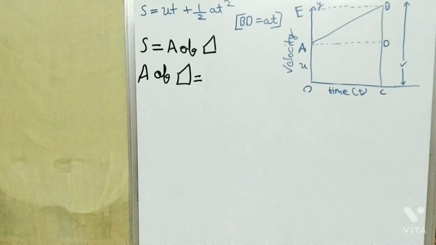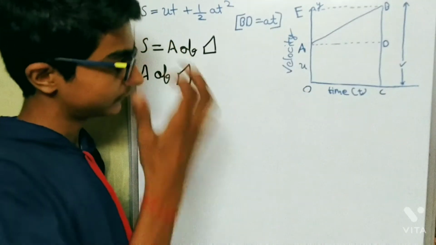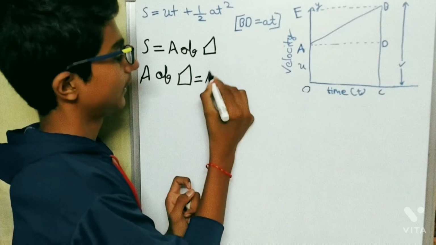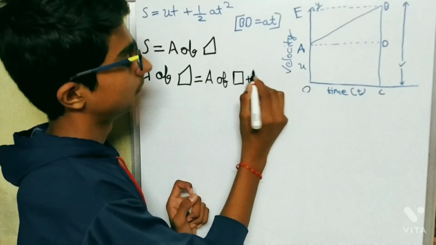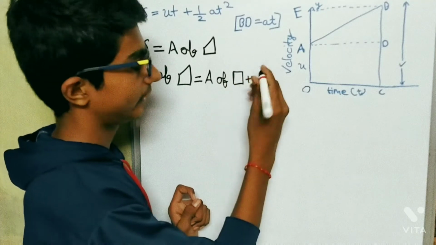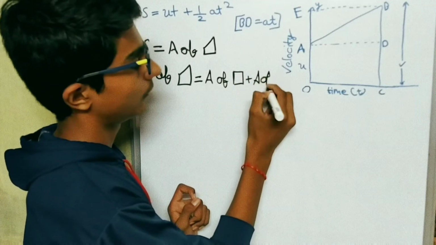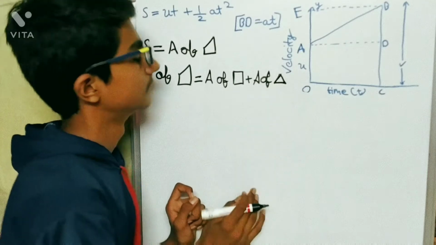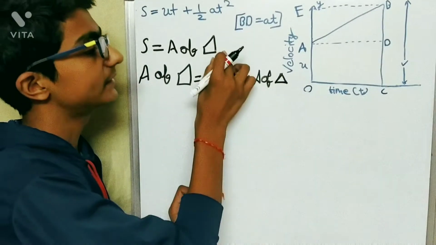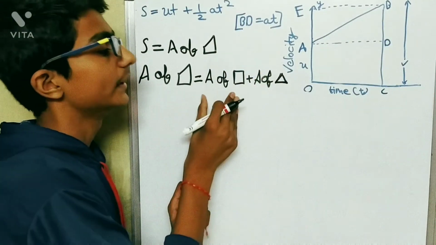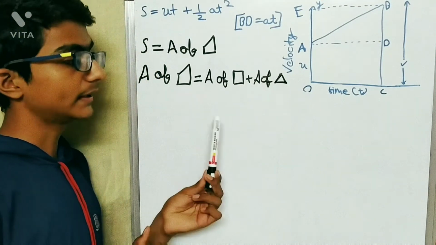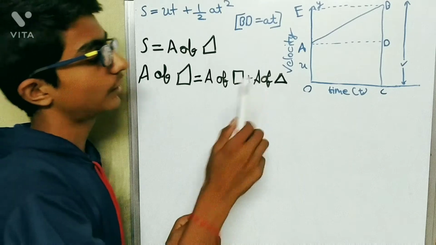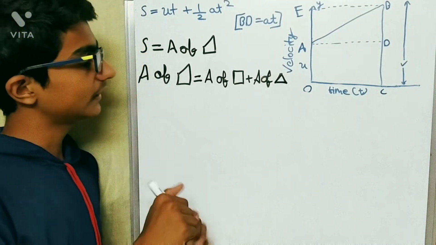The area of the trapezium is equal to the area of the rectangle plus the area of the triangle. This is a rectangle, not a square. So we have to find the area of the rectangle and the area of the triangle.